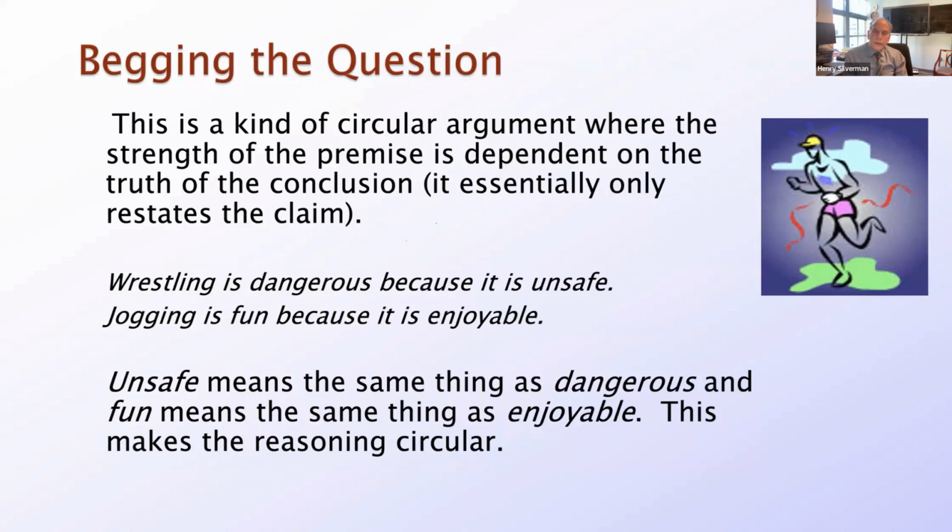The conclusion is that it's dangerous, but the premise is that it's unsafe. So the conclusion is based on the premise. It's restating the premise. It still begs the question because you haven't answered anything.